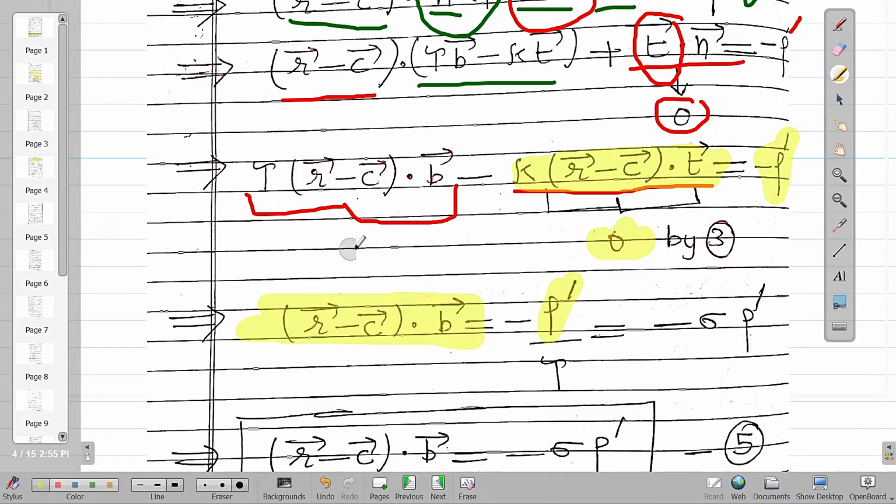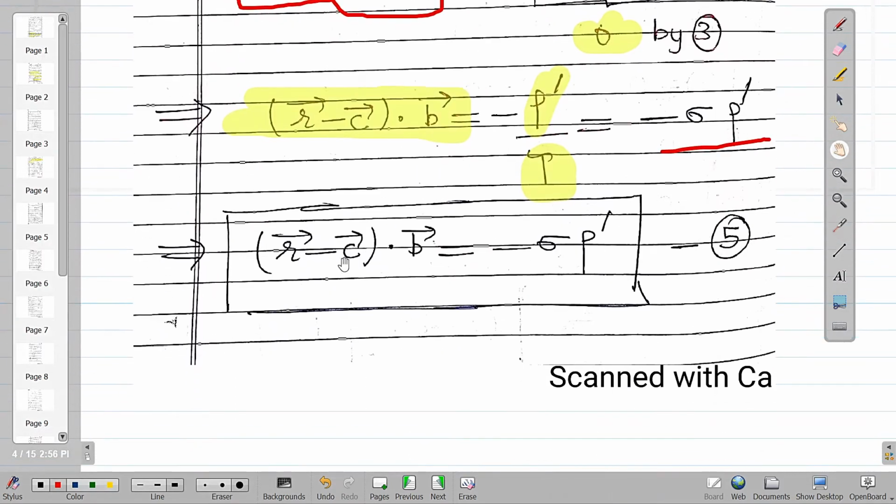We get (r minus c) dot b vector, which is equal to minus rho dash, and this tau is shifted to the right hand side, so this is 1 by tau. 1 by tau is equal to sigma. So this value will become minus sigma into rho dash. Clear? So from this we get (r minus c) dot b vector, which is equal to minus sigma into rho dash.